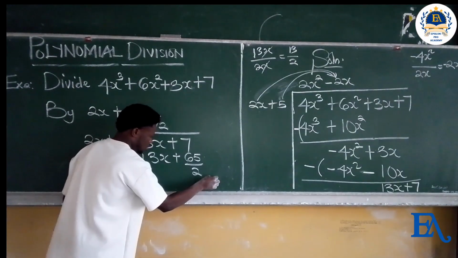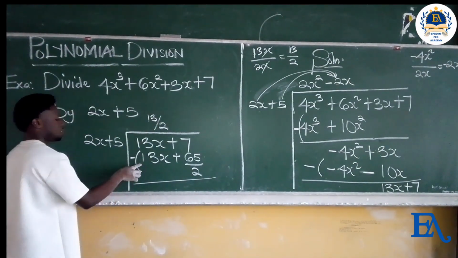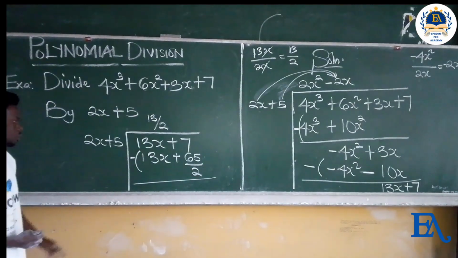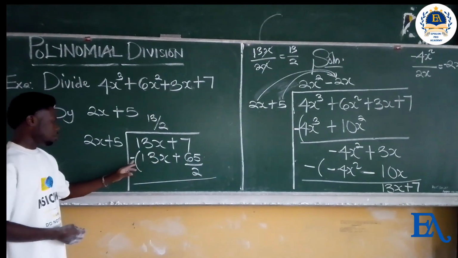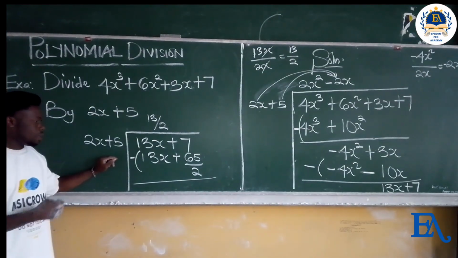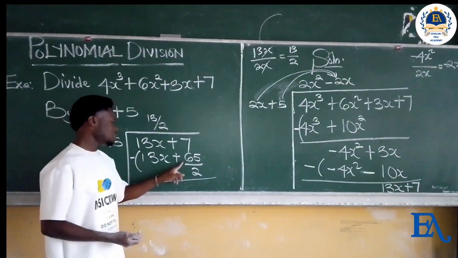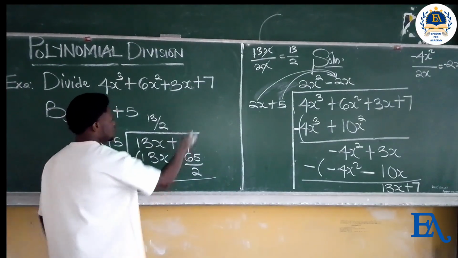Now next is to subtract this from this. If you do that, 13x minus 13x gives 0. We are going to omit 0. Next is 7 minus 65 over 2.